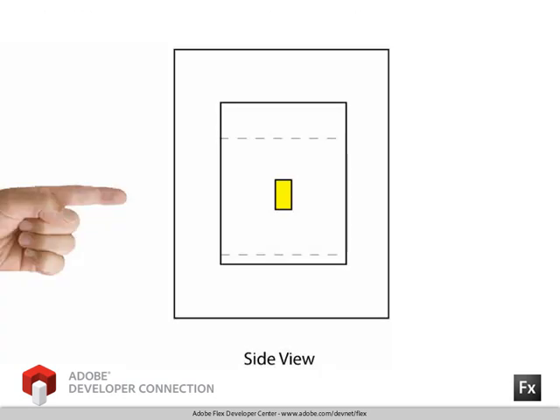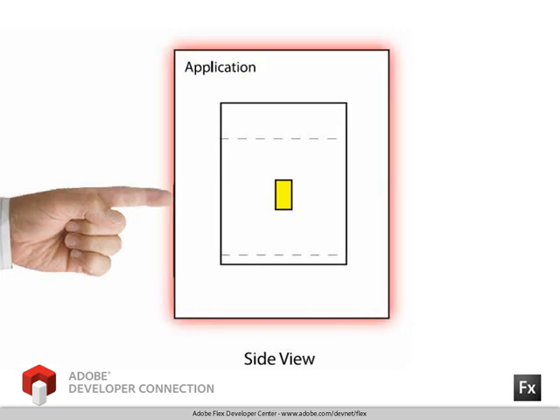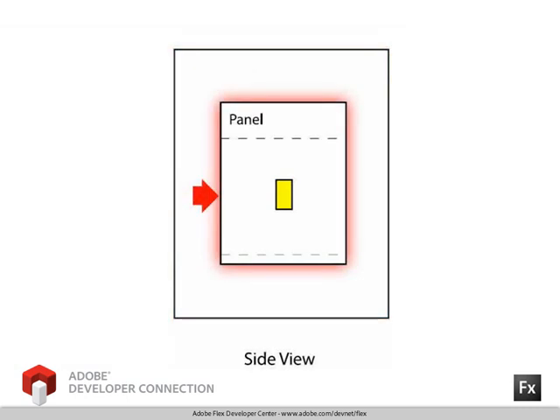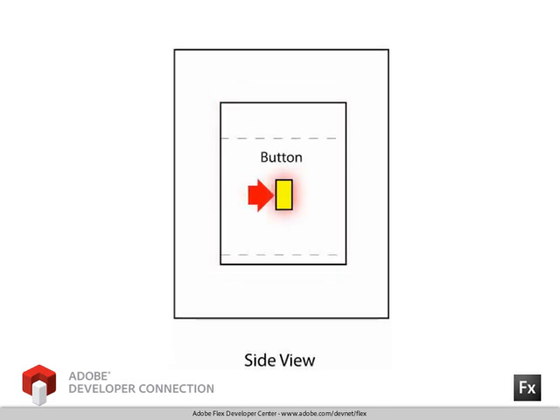From the side view, you can see that in order for a user to click on the button, he will first touch the application container. The capturing phase will then move on to the next inner ancestor, which in this case is the panel container. Only after all ancestors have been checked for capturing phase listeners will the actual target object be reached, which is the button.